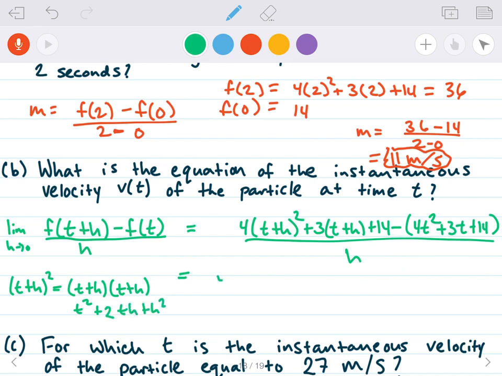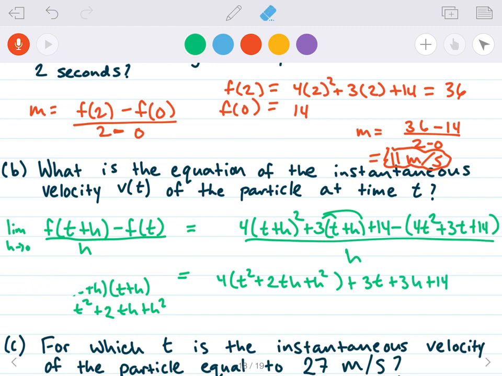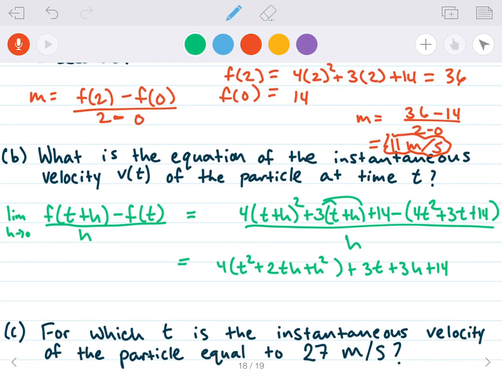All right, so this becomes 4 times t squared plus 2th plus h squared, plus distributing this 3t plus 3h plus 14. Make some room here. Okay, so maybe I'll have to do it on the next line. Minus 4t squared minus 3t. I'm distributing this negative sign. Minus 14 all over h.